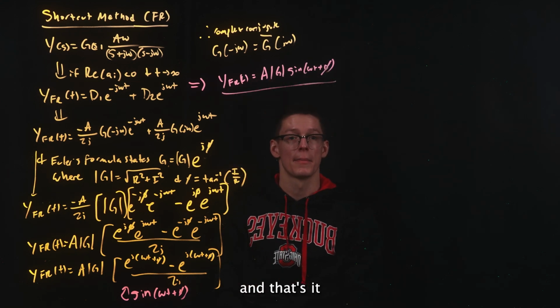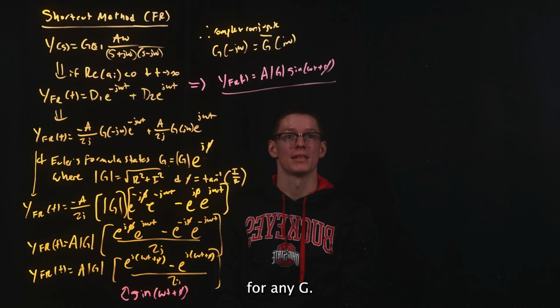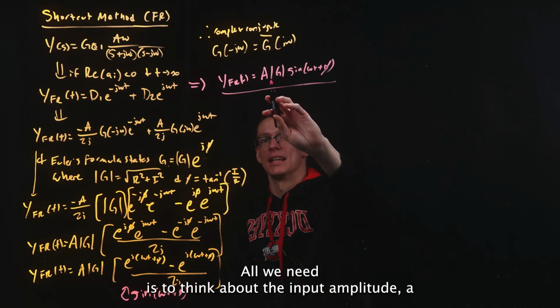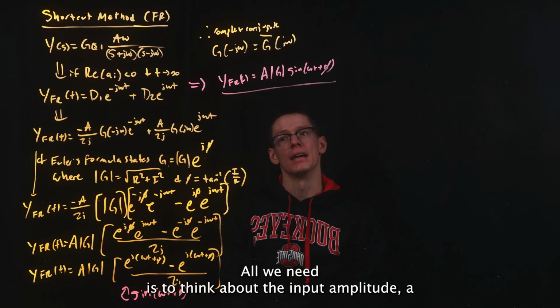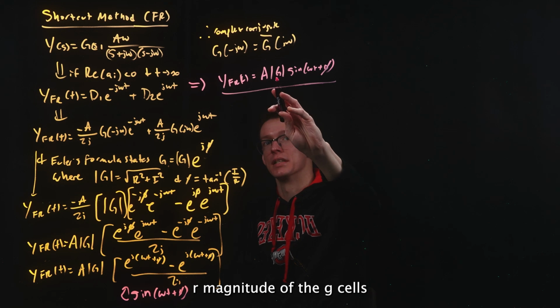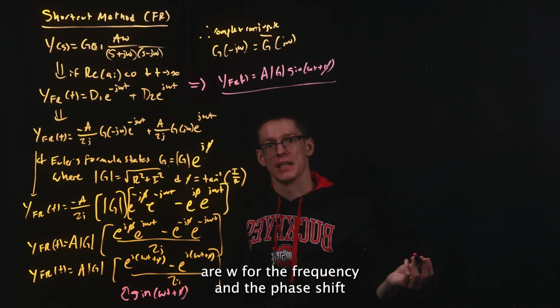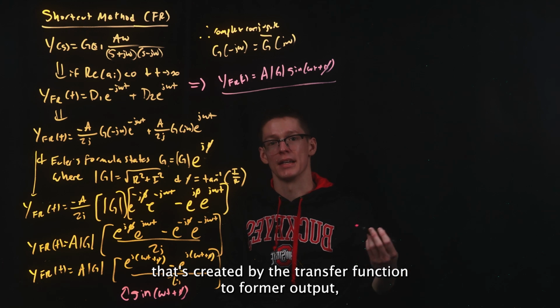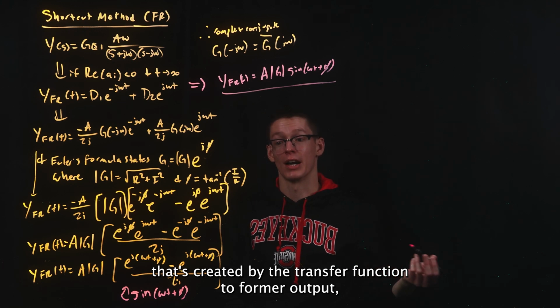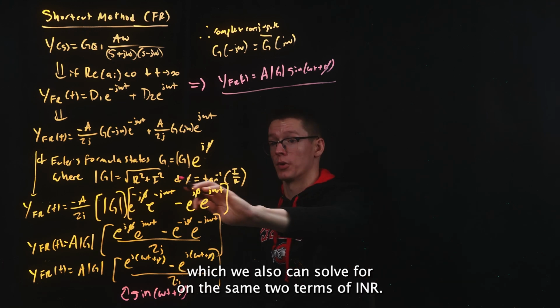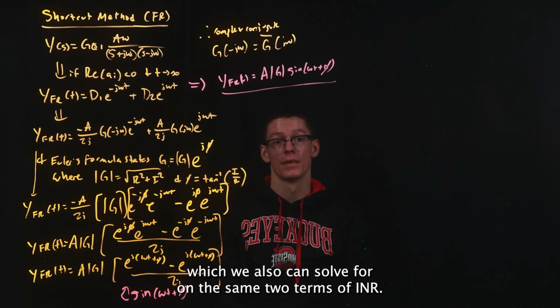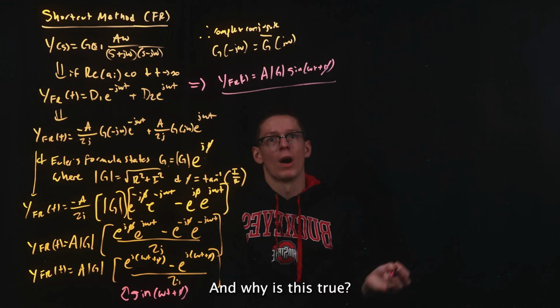And that's it. For any g, all we need is to think about the input amplitude A, the magnitude of g itself, our ω for the frequency, and the phase shift that's created by the transfer function to form our output, which we can also solve for in terms of I and R. And that's it.